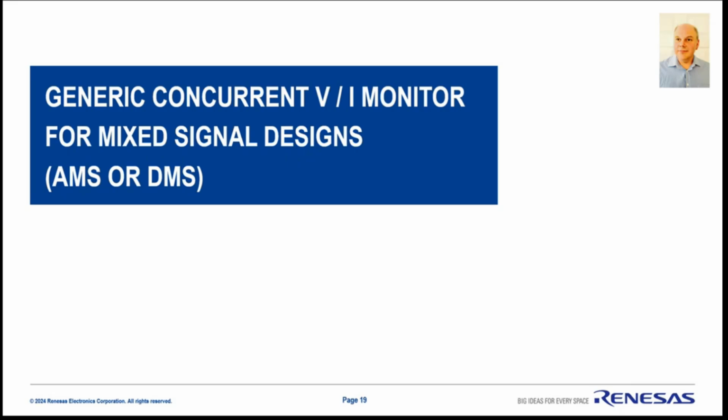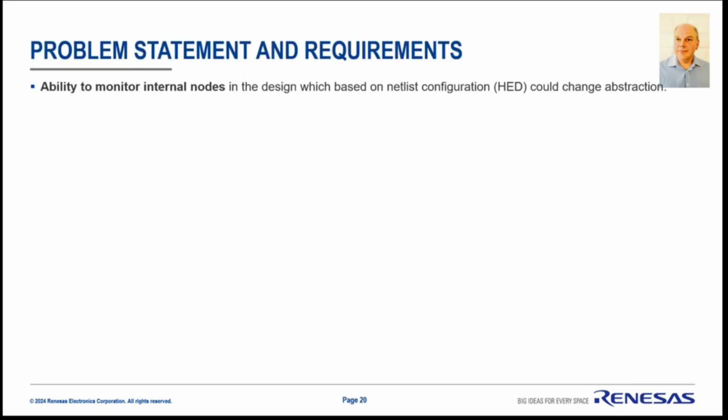So the idea was that we wanted the ability to monitor internal nodes in the design as well. We also wanted to monitor external nodes, and for it to work irrespective of the netlist abstraction. So if your LDO was a DMS model, it would work without having to change any of your code or any of the functions.